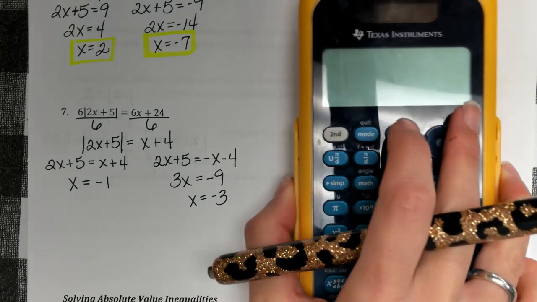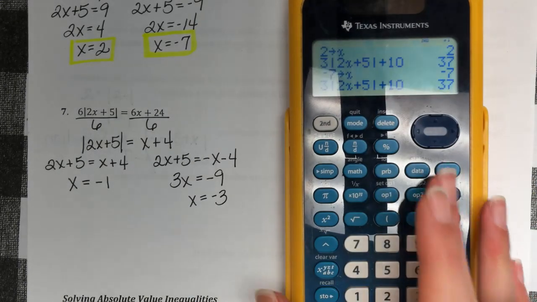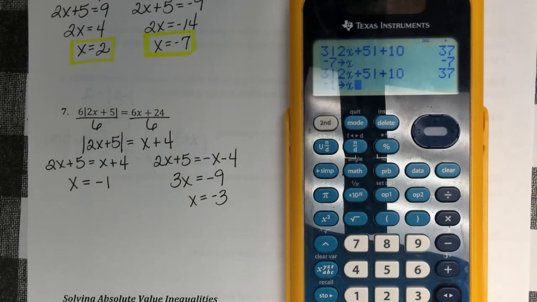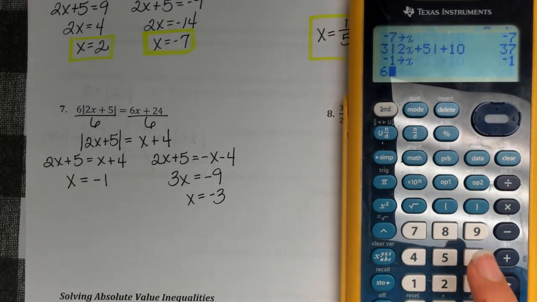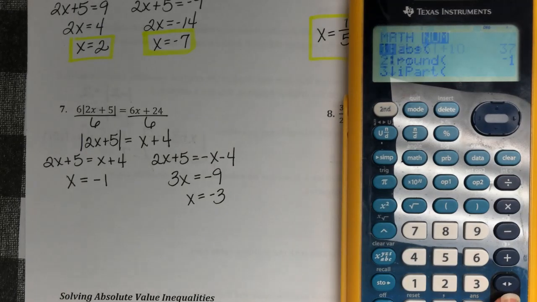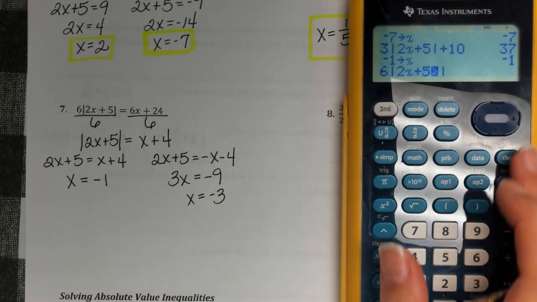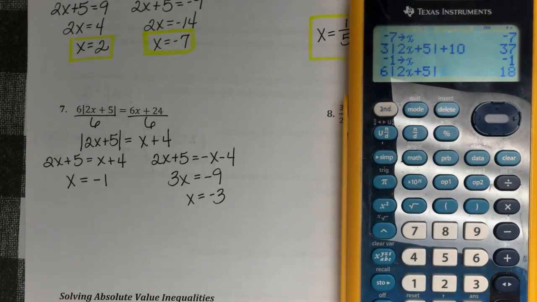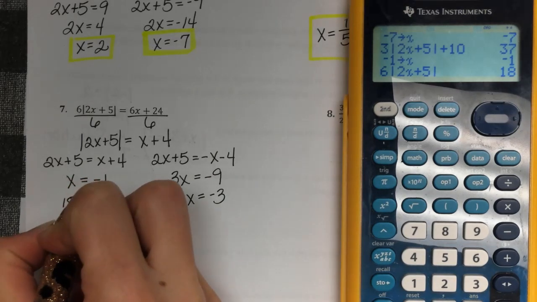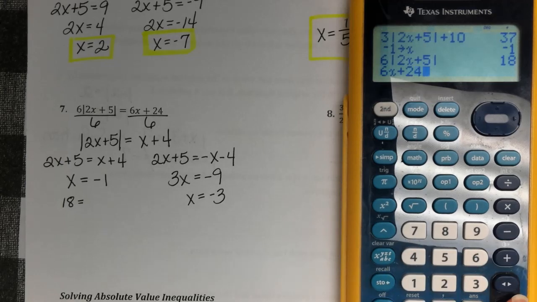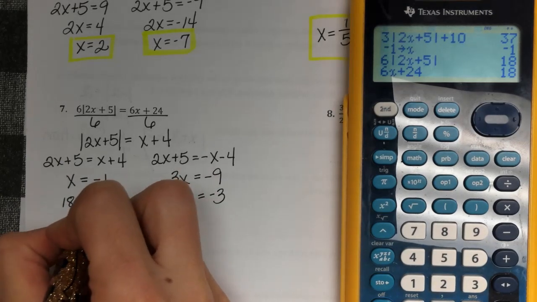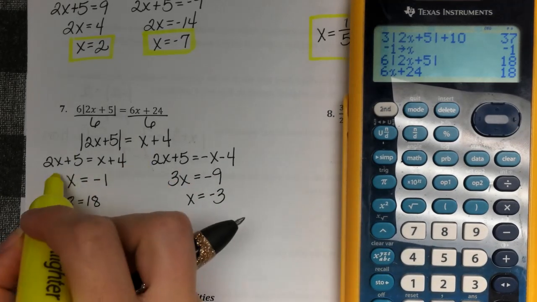Okay, so then to check it, negative 1 store for x. 6 times the absolute value of 2x plus 5 gives me 18, and then I check the right side also, 6x plus 24 also gives me 18, so negative 1 is a good solution.